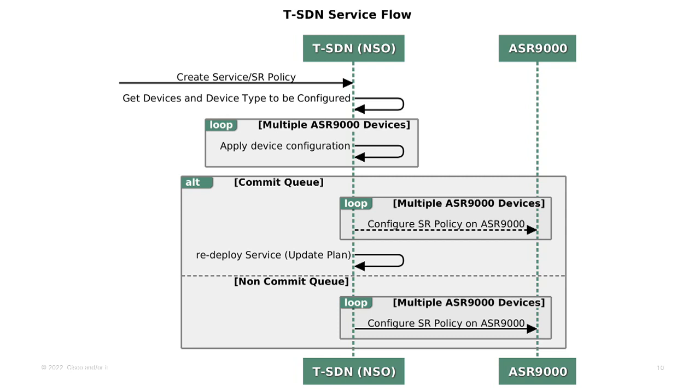There are two options in this case. One is you use commit queues to configure the devices, or you do not use commit queues, which is a synchronous commit, right? So for our test, we are going to focus on the commit queue part, where you have multiple devices getting configured in parallel, and this is happening asynchronously. And once the devices are configured, there's a redeploy on the service, which converges as a plan.